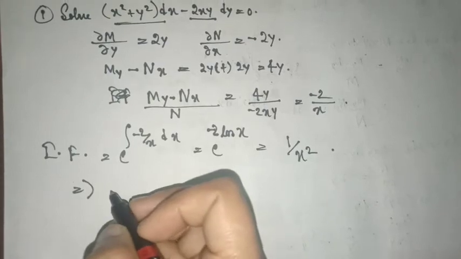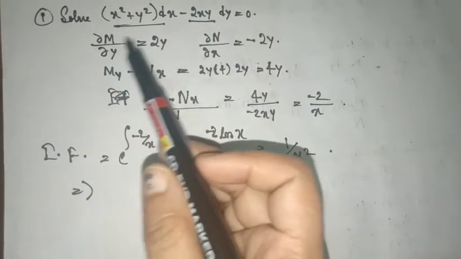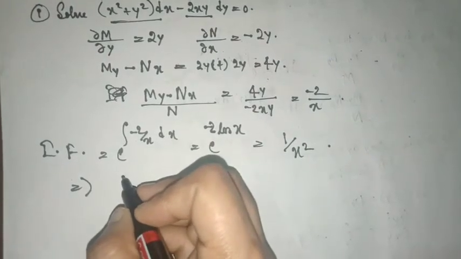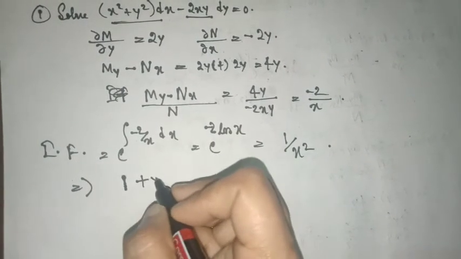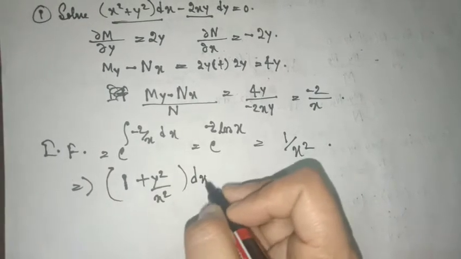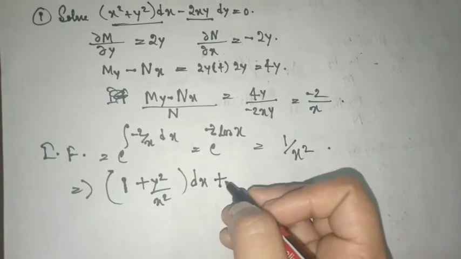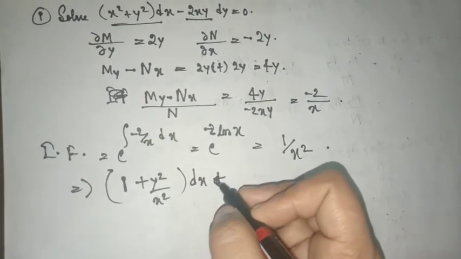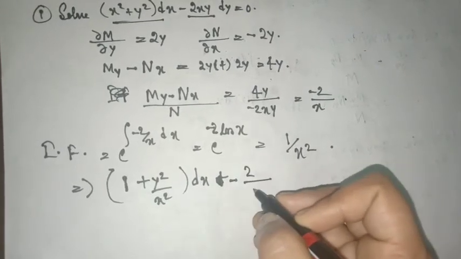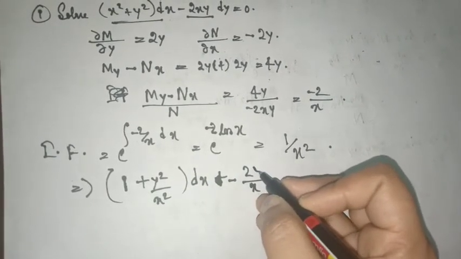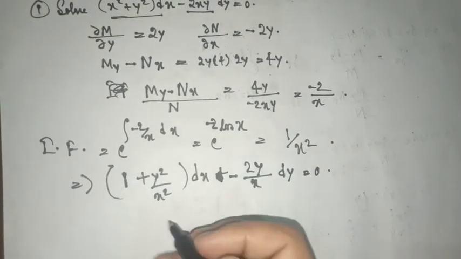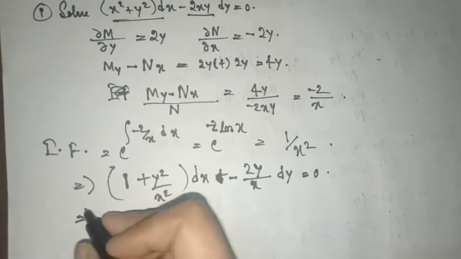Now after multiplying the integrating factor to the LHS of this equation, we will get 1 plus y square by x square into dx plus, so here this is minus now, minus 2y by x dy is equal to 0. Now we will integrate both the sides.